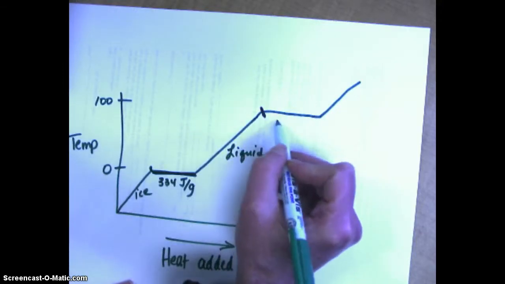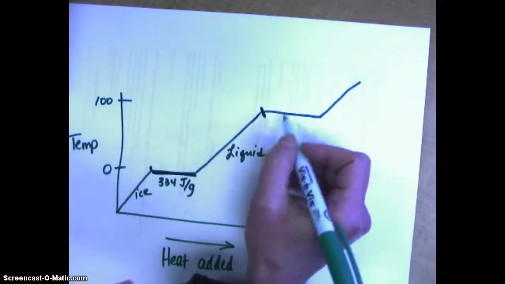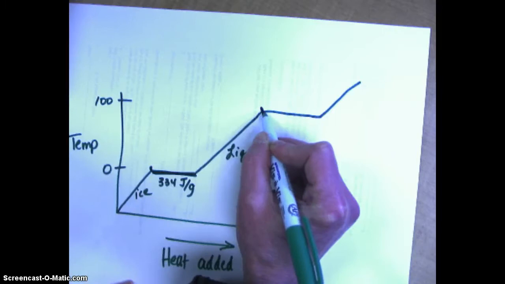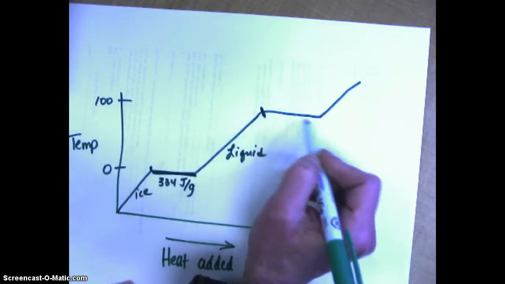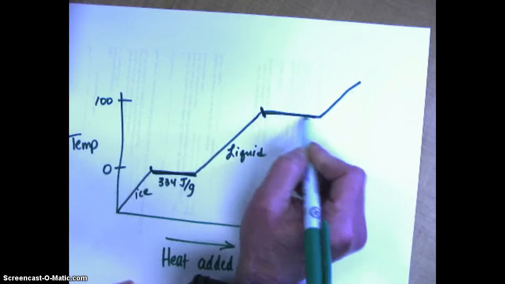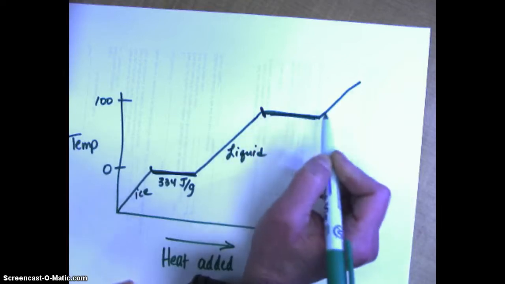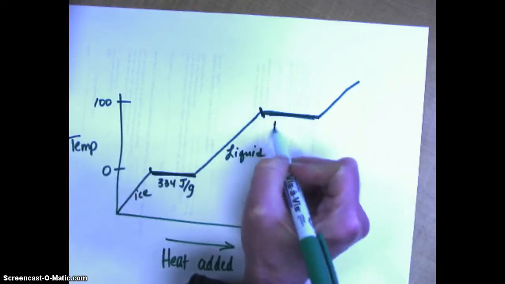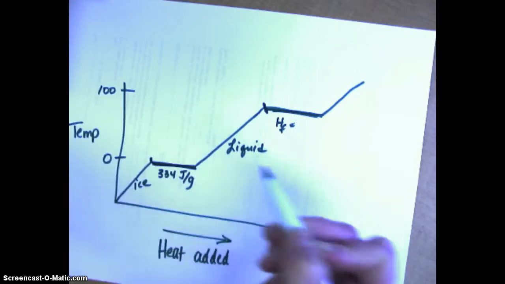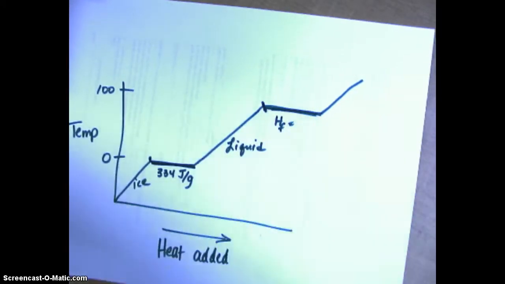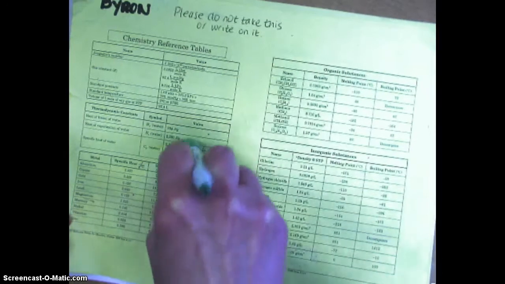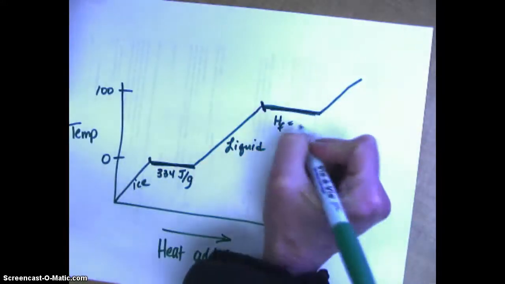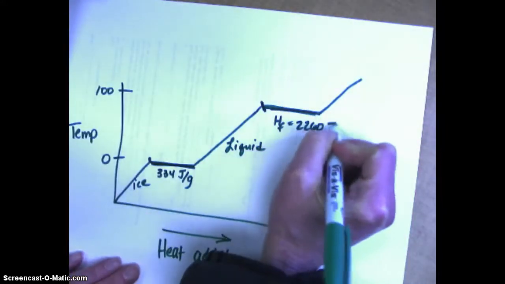At that point, the energy that's added goes into transferring those molecules from a liquid to a gas phase. Remember, that's the heat of vaporization. And the heat of vaporization, which is H_v, if we look on our handy dandy reference table, is 2260 joules per gram.